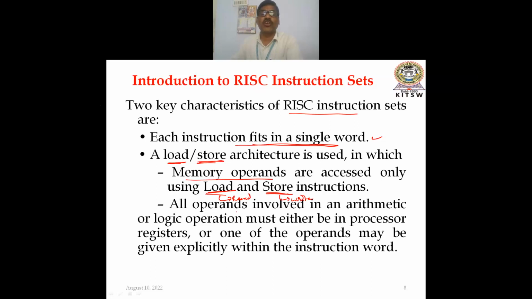And all operands involved in an arithmetic or logic operation must be either in the processor registers, or one of the operands may be explicitly specified within the instruction word itself.